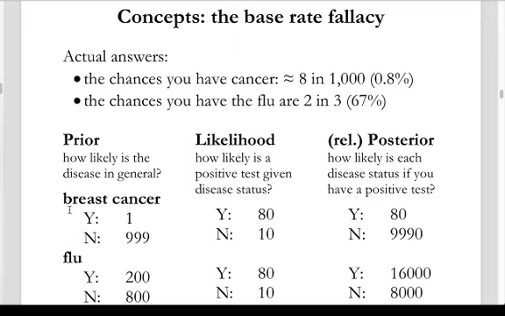And what's the prior probability of having breast cancer? It's about 1 in 1,000. What's the prior probability of having the flu? It's about 1 in 5. Right?